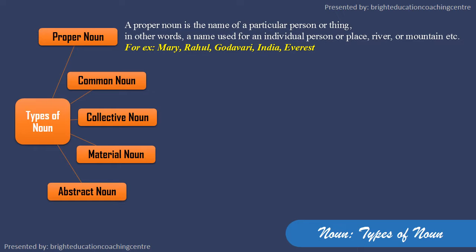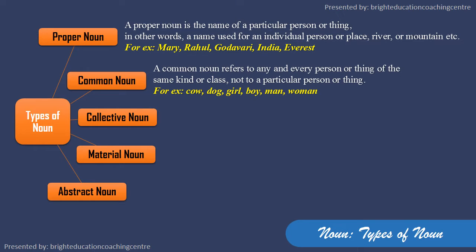Second, common noun. A common noun refers to any and every person or thing of the same kind or class, but not to a particular person or thing. Remember one thing: not to a particular person or thing.